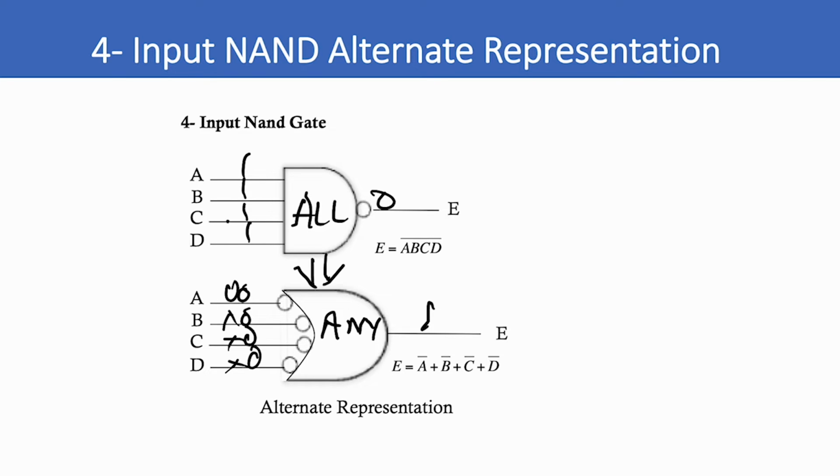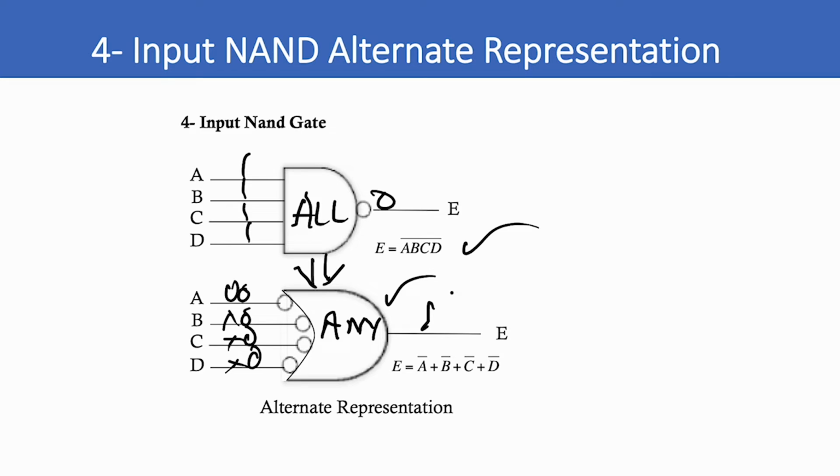So this describes the case where they're all 1s. When you have A, B, C, D, all 1, that's 15. And for the other 15 combinations from 0 to 14, this logical symbol describes the functional operation of the circuit. Okay?